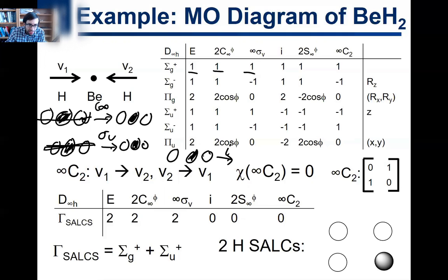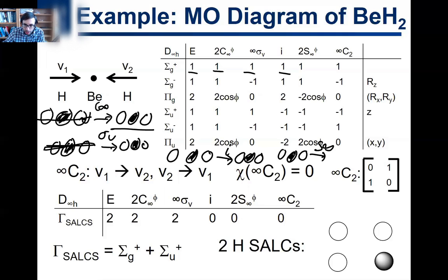Well, that was light shaded to light shaded and light shaded to light shaded. And then middle to middle, that's dark to dark. So inversion doesn't do anything. So that's why we have a 1. And then we have here S, the improper rotation. Well, remember that an S improper rotation is a C infinity followed by a mirror plane. This is going to be a C infinity, and C infinity we showed did nothing.